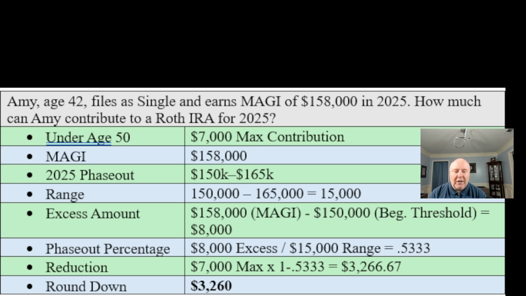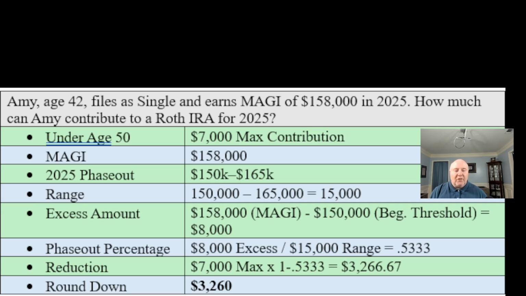When we know our reduction, what we do is take the $7,000 max, right? That's the max that we can contribute to our Roth IRA before the phase out. The max would have been 7,000 times 1 minus our phase out percentage.